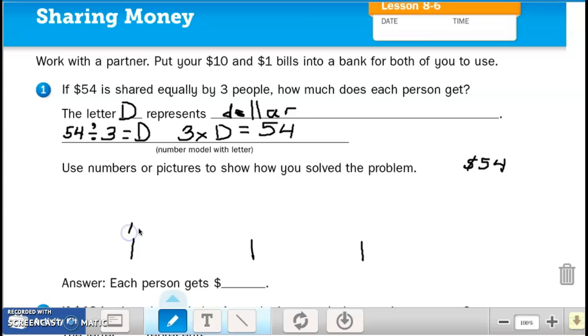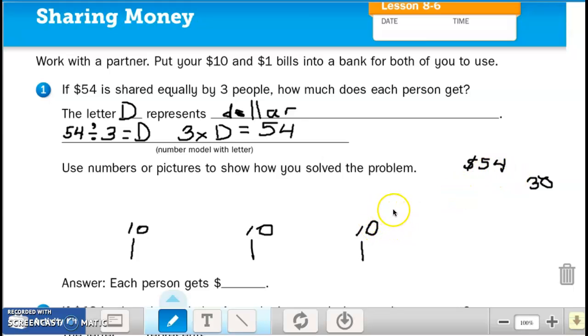So $10 here, $10 here, and $10 here. They really like you in Everyday Math to show pictures or how you figured this out, so it's really important that you show your work. Now we've got each one with $10, 3 of them. 10 times 3 would be what? 30.